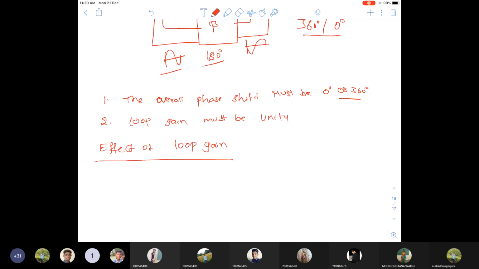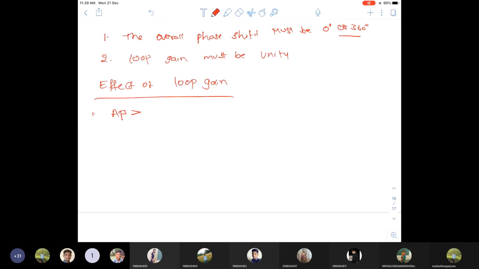So, for example, if A beta is greater than 1, far greater than 1, then the output will be of decaying type.